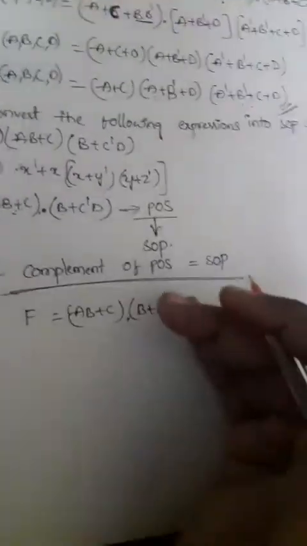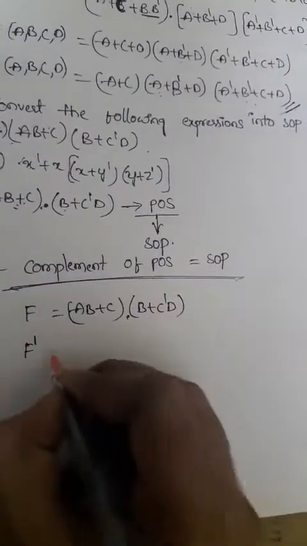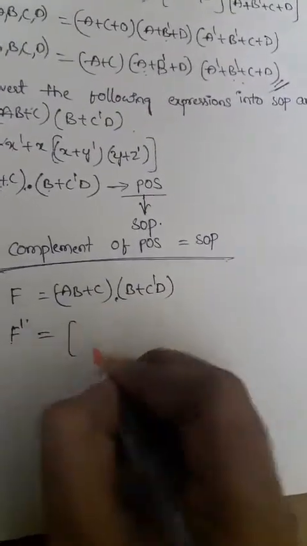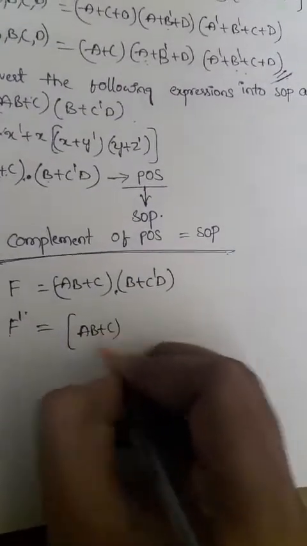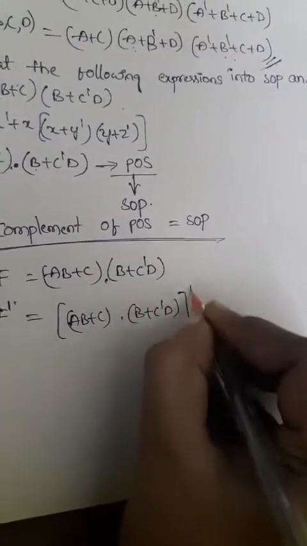So to convert to SOP, what is the procedure? We have to apply the complement. So directly I will go with the complement. F complement is equal to (AB plus C) into (B plus C complement D), whole complement.